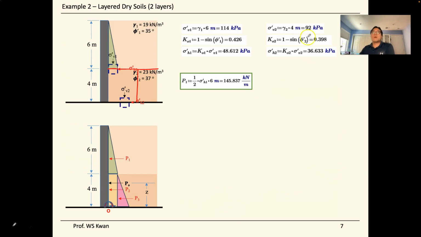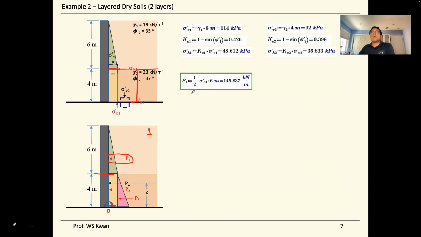Using the formula one half of base times height, the base is the horizontal stress that we calculated, which is about 92, and then times the height, which is 6. So one half times 92 times 6, we get P1. P1 is right here, the force acting on the upper 6 meters of our retaining wall from soil layer number 1. So that's just P1.